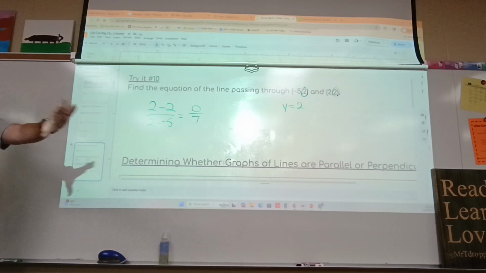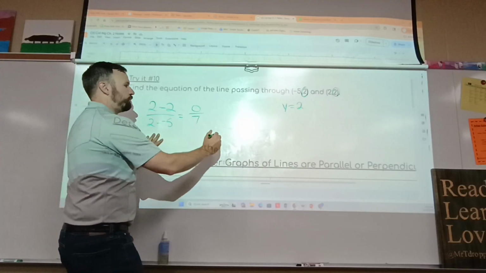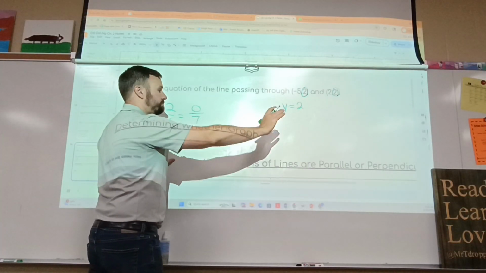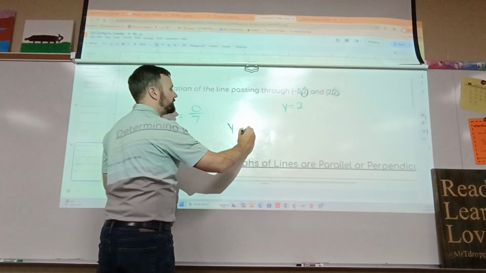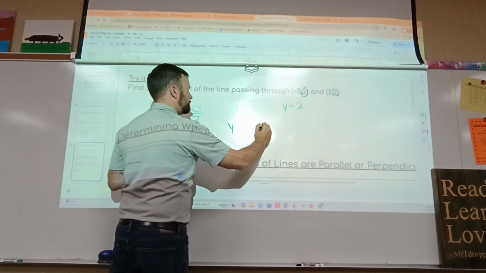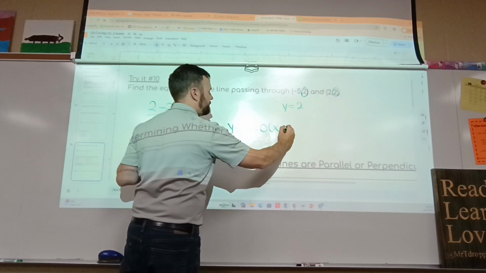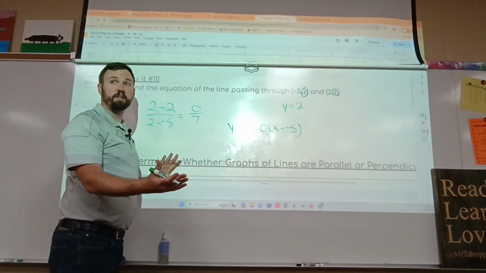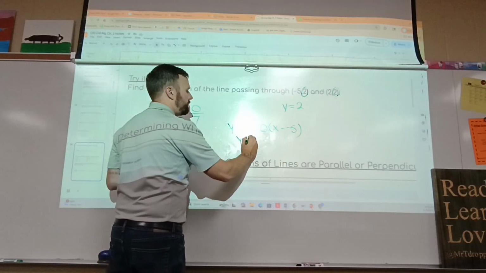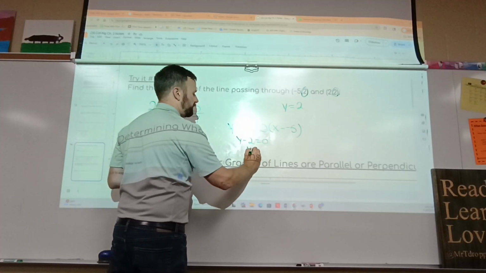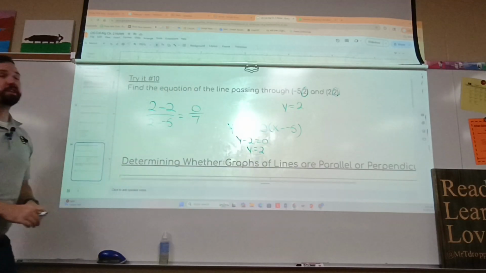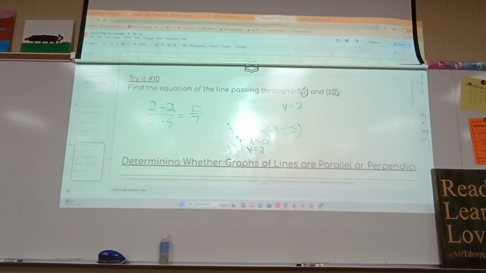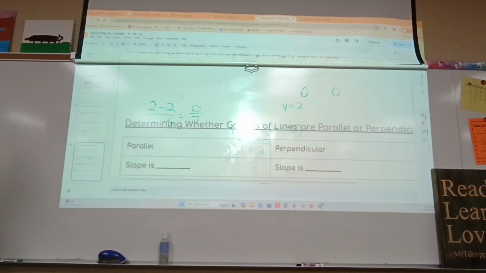Now what's nice about these, actually, if you went through and did the whole problem, so then I do my y minus 2 equals 0, x minus -5, right? Like if I plug it in, I'm going to get the same answer on these, right? Because I'd get y minus 2 equals 0, y equals 2. So this is one where you would still get the right answer if you did all the steps, okay?